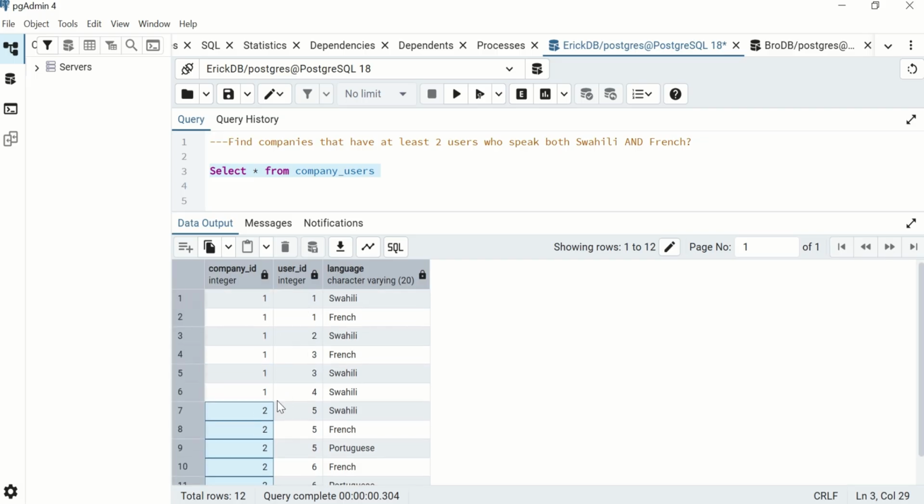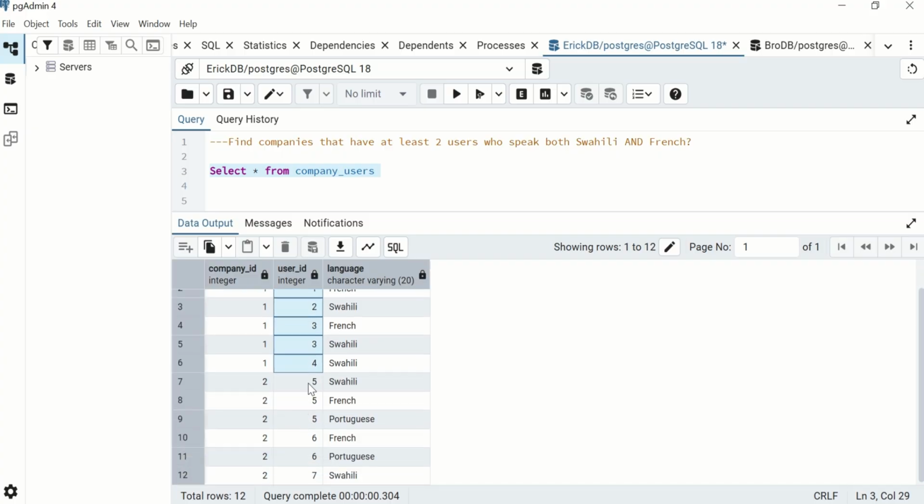And these companies have different users. We have users one, two, three, four, and these are basically the users in company one, and then we have users in company two.